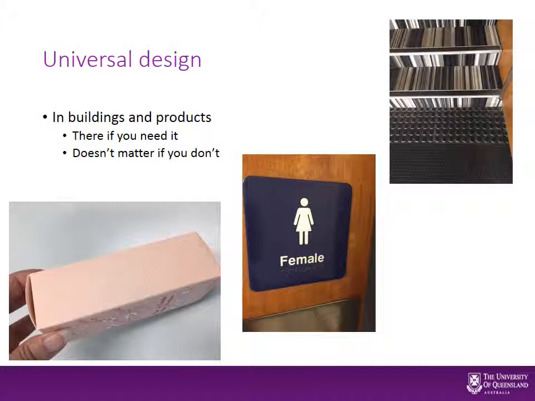And you can see the third picture is some stairs, and they have the raised dots that are there for a person who's using a cane, and that they know then that there's an obstacle ahead. So it could be stairs down or up, or it could be a ramp, or it could be the edge of a road. So they're aware. And if you don't have any of those needs, it doesn't matter, you just walk right on.